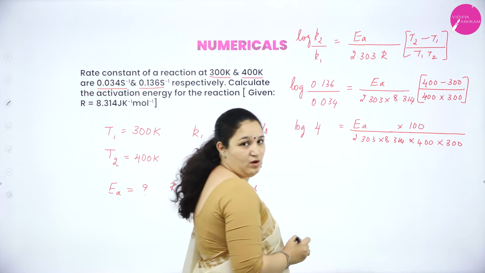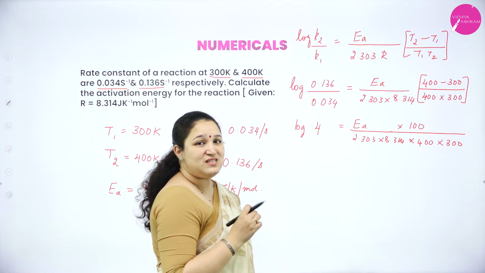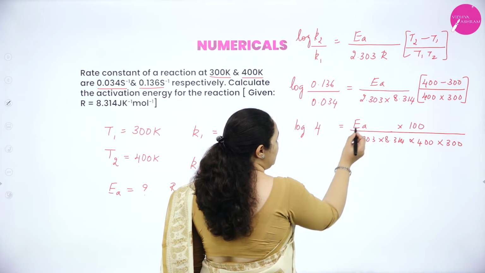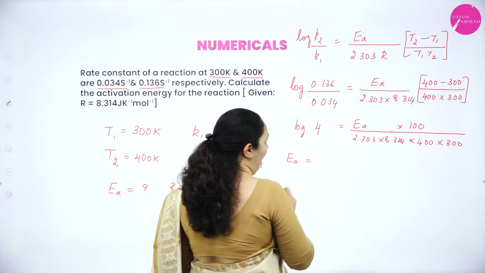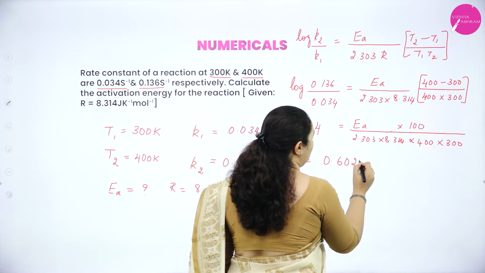Okay. Now what is the log 4 value? It is 0.6021. So what I will do now is EA, I'll keep it on one end, and log 4 is 0.6021.